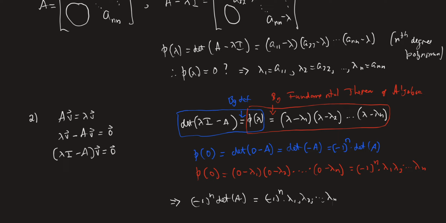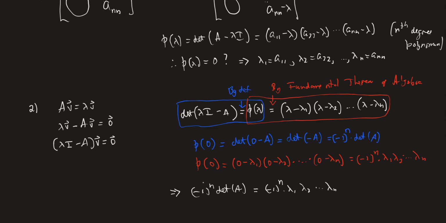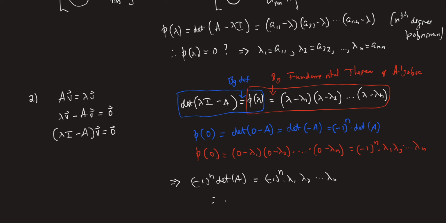These are all times. So that's all multiplying. And then the -1 to the n cancels out, and we have this really important result that the determinant of the matrix is just the product of its eigenvalues, lambda 1 times lambda 2 times dot, dot, dot, lambda n, right?